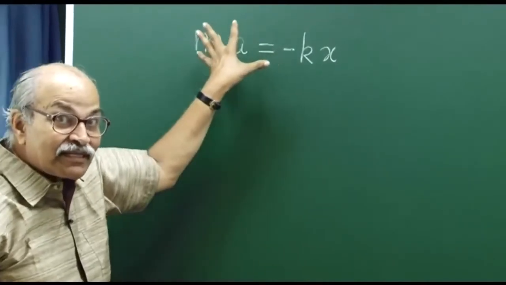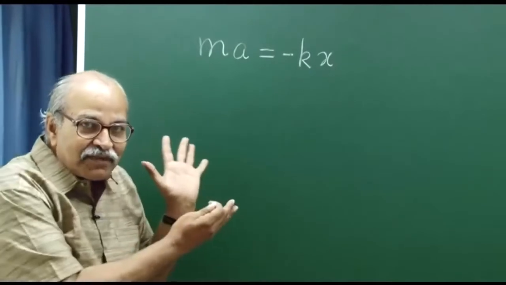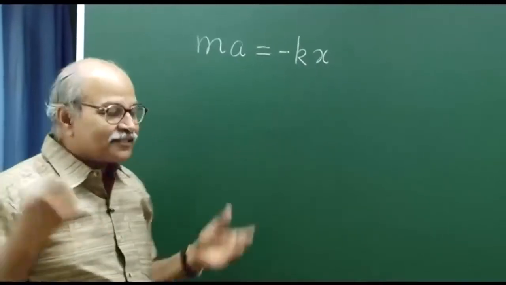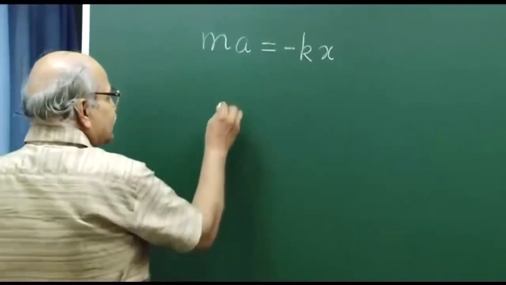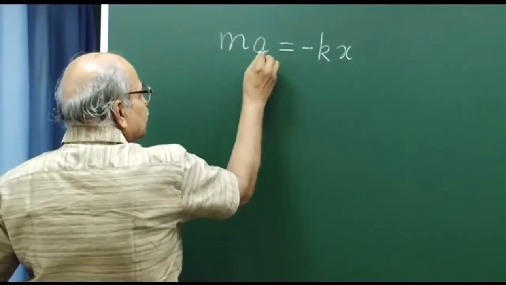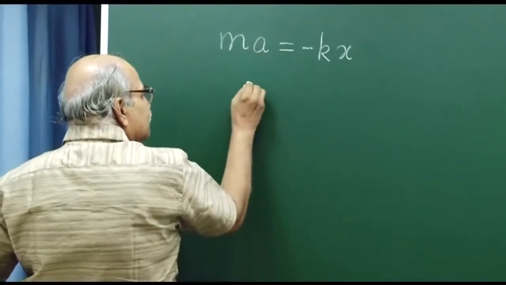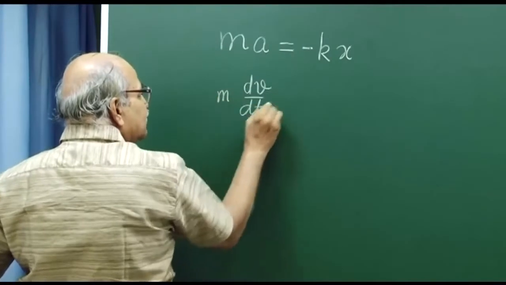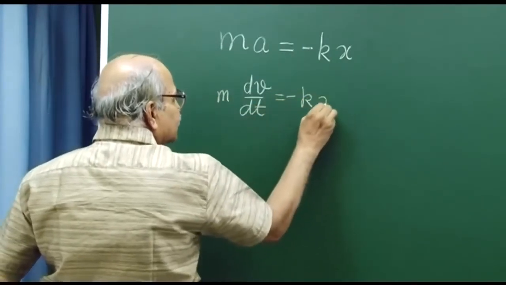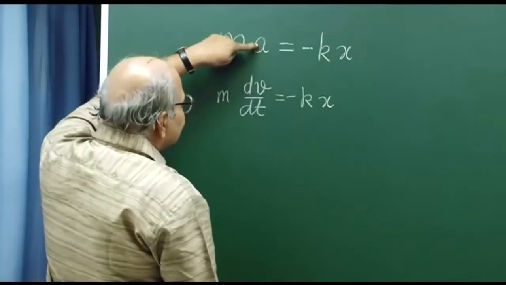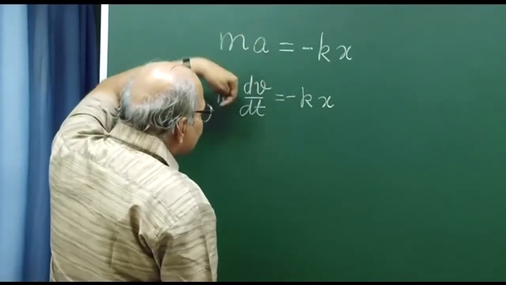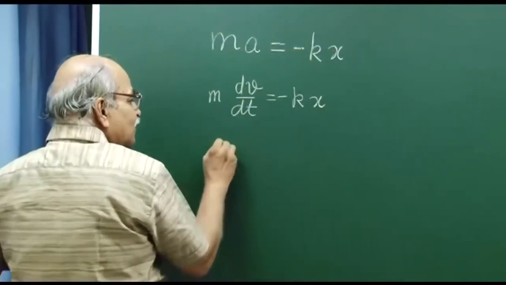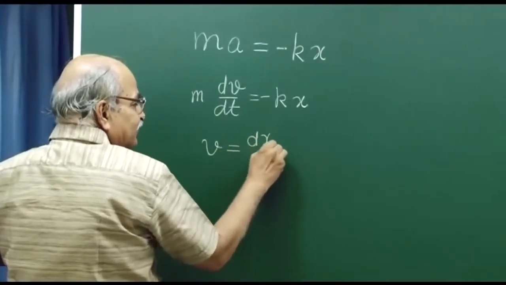I am focusing on the mathematical structure because a similar mathematical structure will be applicable to oscillations of varieties of different kinds. Acceleration is the rate of change of velocity, which we write as dv/dt. So, it is m dv/dt equal to minus kx, and as acceleration is the rate of change of velocity, velocity itself is the rate of change of position, so this v can also be written as dx/dt.